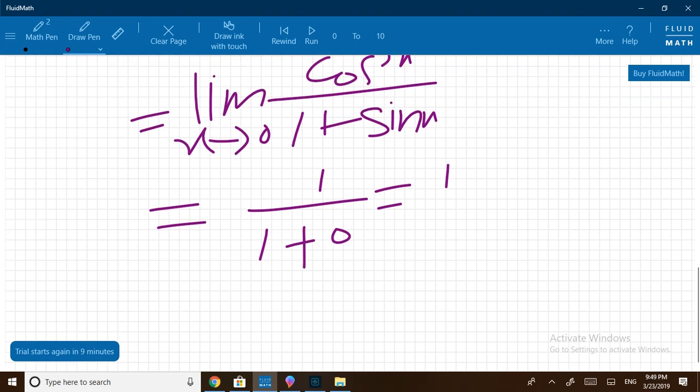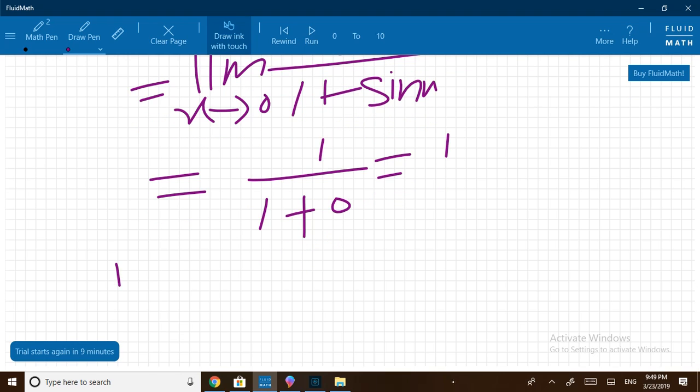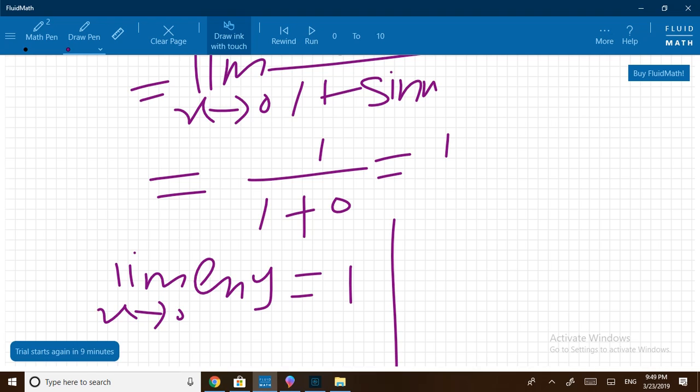But our left hand side was the limit as x approaches 0 of natural log of y, which is equal to 1, so the limit as x approaches 0 of y is equal to e raised to the power 1.